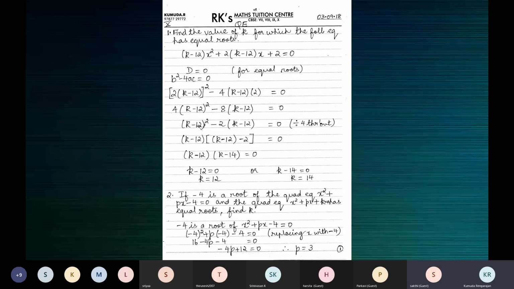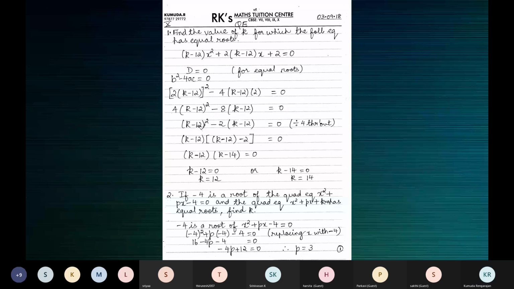Miss, K is equal to 9 by 4, ma'am. K 9 by 4. No, that I have to see. I don't know. One minute. Yes, K is 9 by 4.